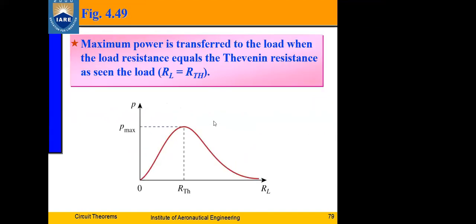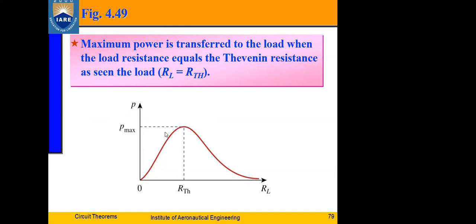We also have this theorem in our laboratory. We get maximum power when RL is equal to RTH. What happens to the power if the value of RL goes beyond RTH? It decreases steadily. The power transferred to the load will decrease.